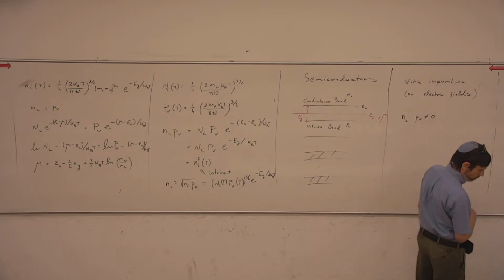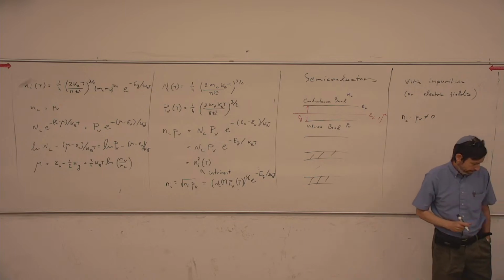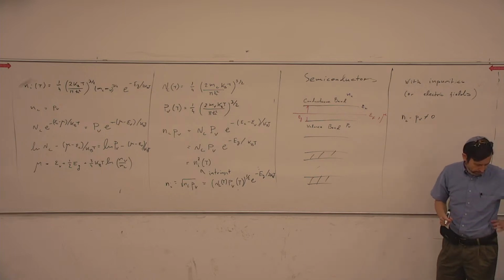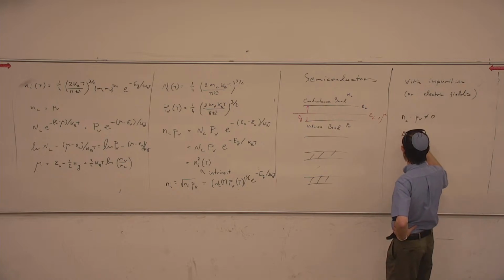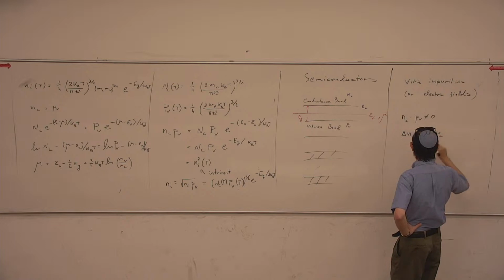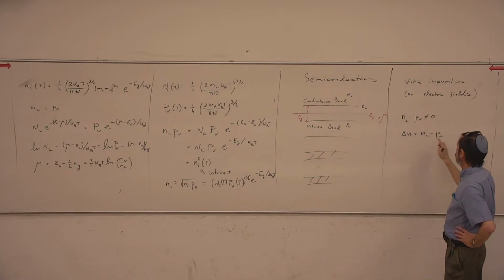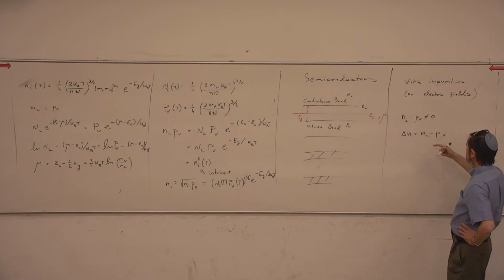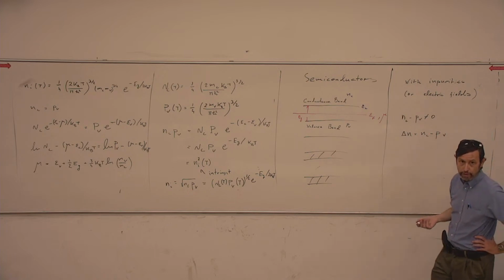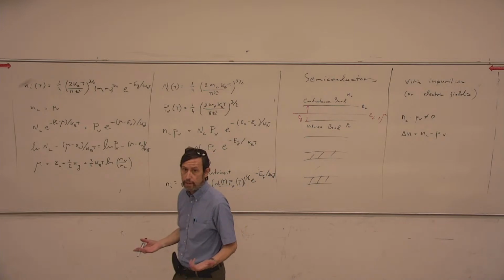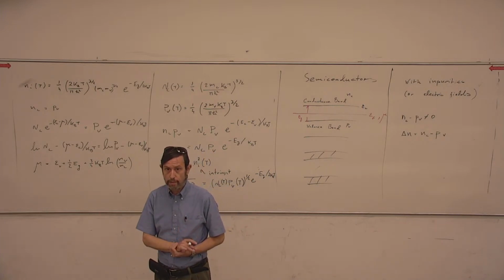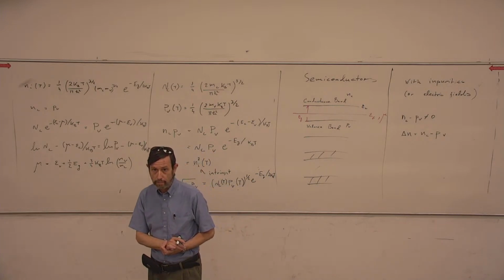Or we can call the number of additional electrons NC minus PV, delta N, or vice versa. If you have holes, it will be a negative number.